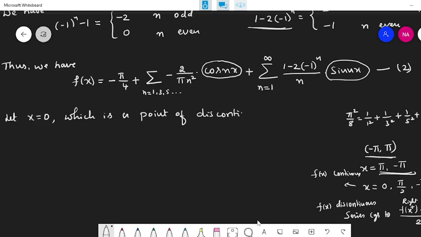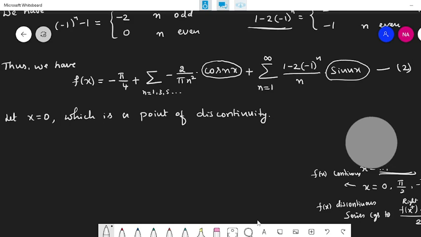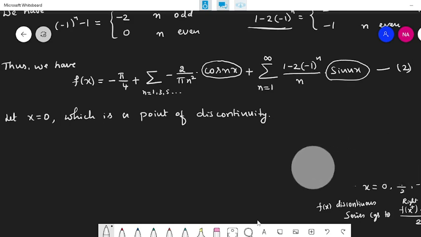Why is this a point of discontinuity? Meaning of that is the function is not continuous at that point. See, if you look into the graph of the function, I have written the graph in the last class also. When x lies between minus pi and 0, it will be like this. In that interval, the function is like this.